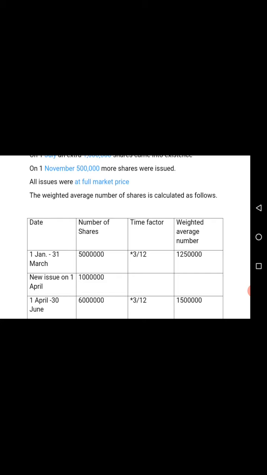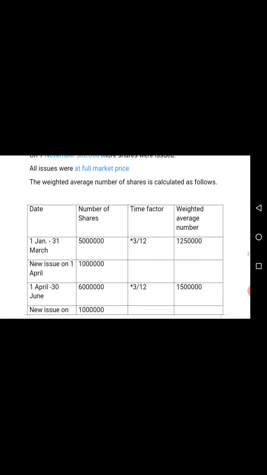Now I'm sure we know how we got the 12. The 12 represents 12 months. The 3 months represents 1st of January to 31st of March. So if we multiply 5 million by 3 divided by 12, we have 1,250,000 as the weighted average number of shares.